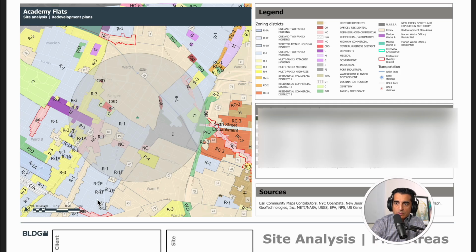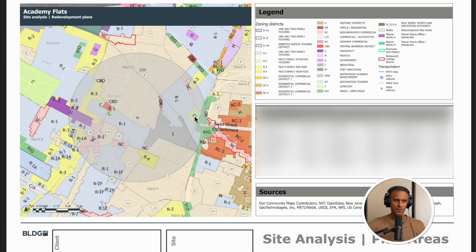That zone deals with the blight going on in that neighborhood. I feel that's perhaps specific to our area, the method by which they were doing the zoning through a redevelopment plan. I suspect other cities and municipalities may have similar concepts too.